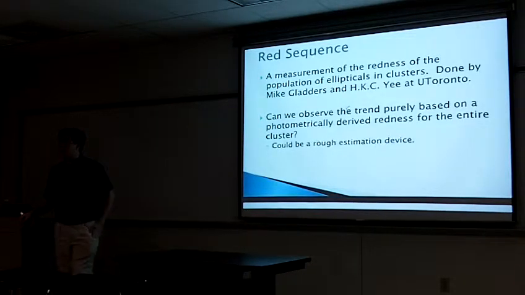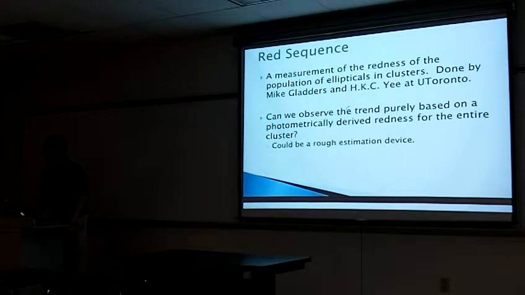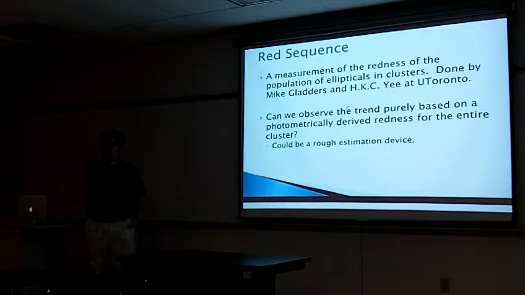But of course, that opens up the chance for error because you can have all these kinds of projection effects. And then you have to take redshift for each of them to check which actually do belong to the group. The red sequence uses the redness of the ellipticals in a cluster to measure whether or not the galaxies in a local area are a cluster.